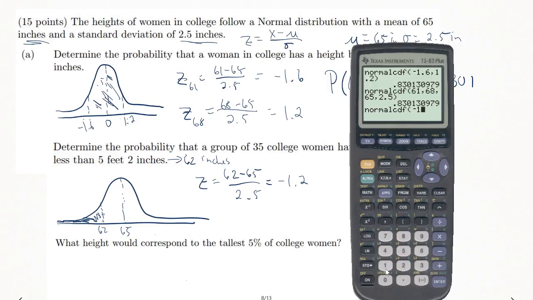Since we want to go to negative infinity, I just put a negative 1 and a whole bunch of zeros here. If I have it with z-scores, it's fine. I'm going to put negative 10 to the 6th, or for those of you that don't like that, I can write it as a billion, a million, whatever you want. I'm just putting in a whole bunch of zeros. Hopefully you get that across. But negative 10 to the 6th would be a lot more efficient for me to write. Now, our other value is just the z-score.